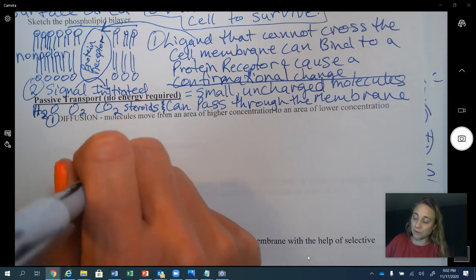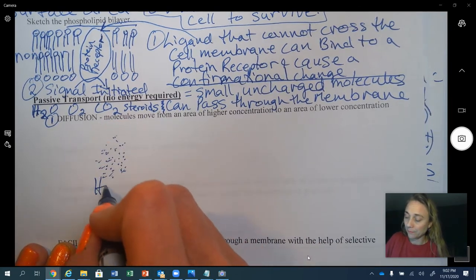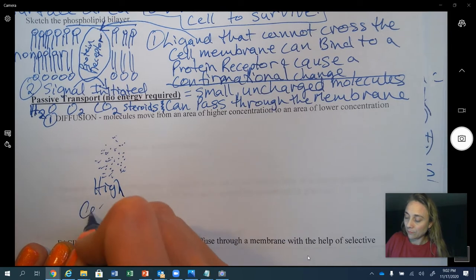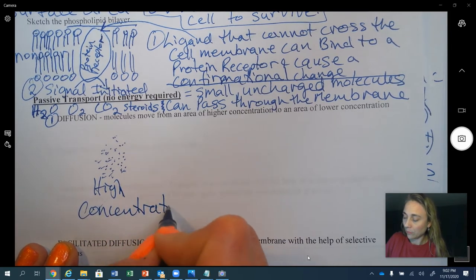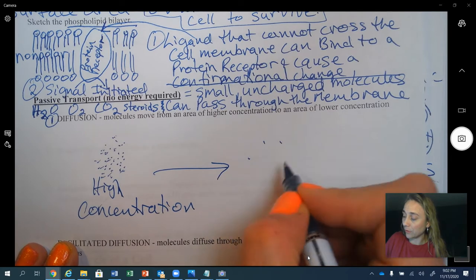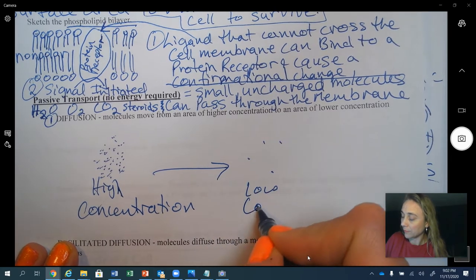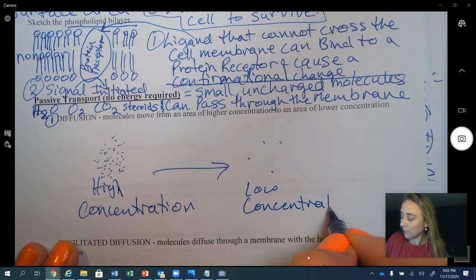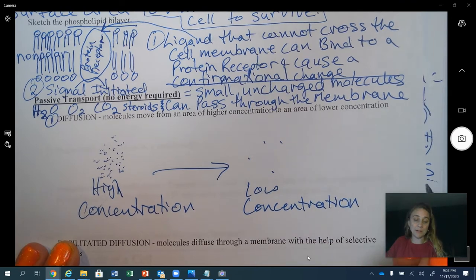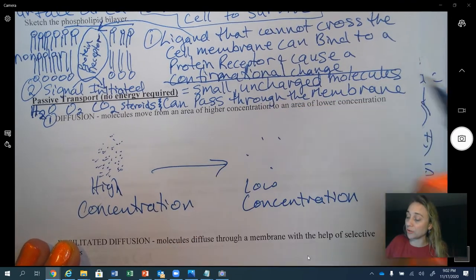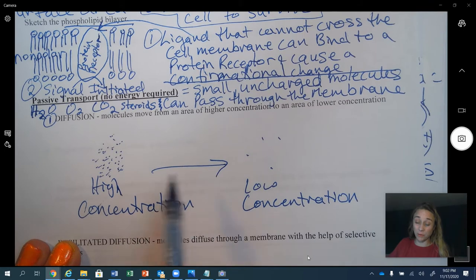So these are all supposed to be dots of some sort of molecule, moving to areas of low concentration. And that's with the concentration gradient. So there's a gradient, a difference.